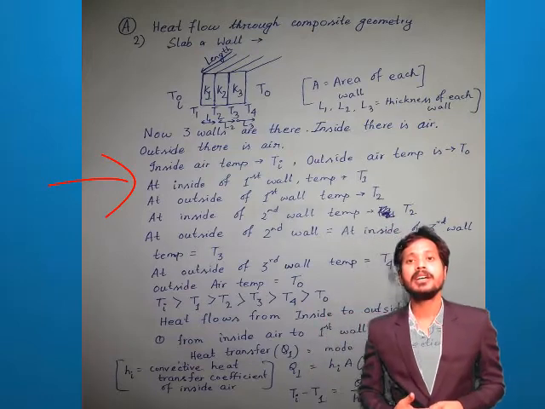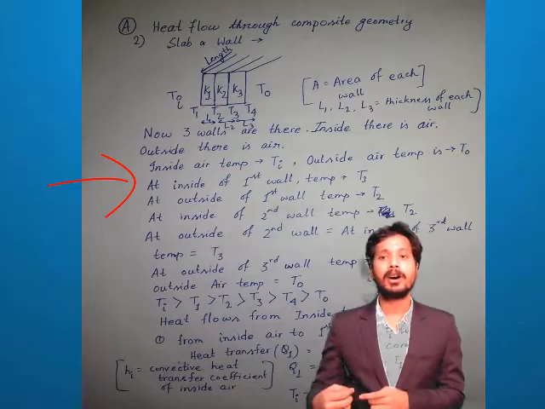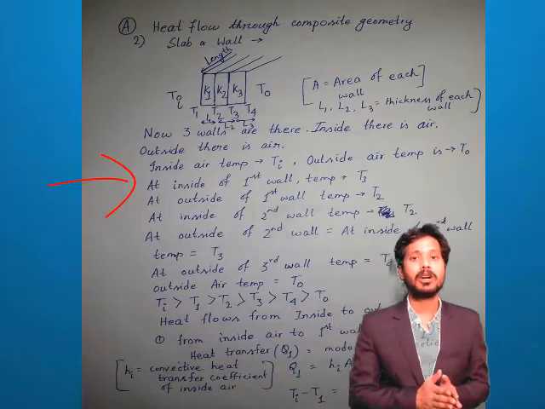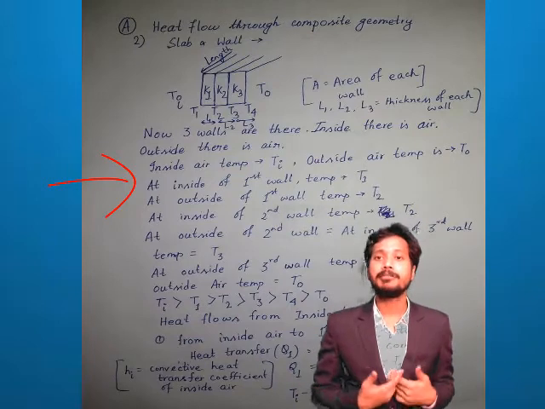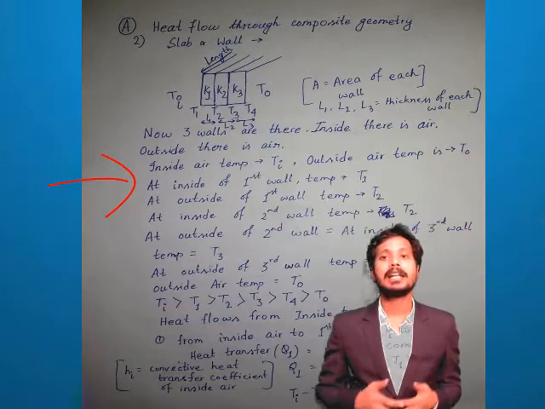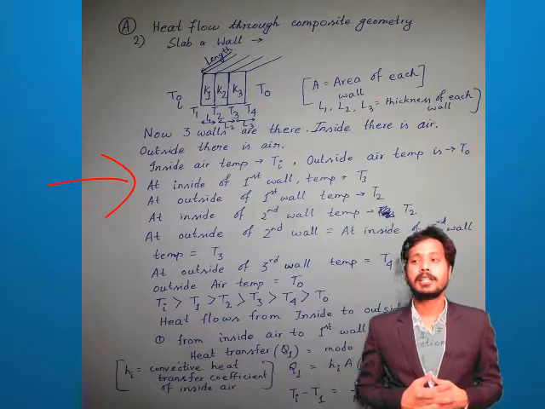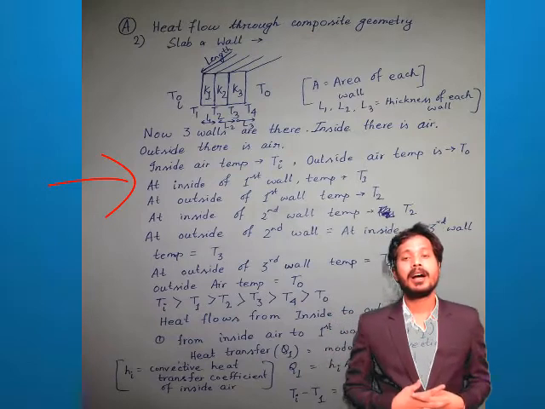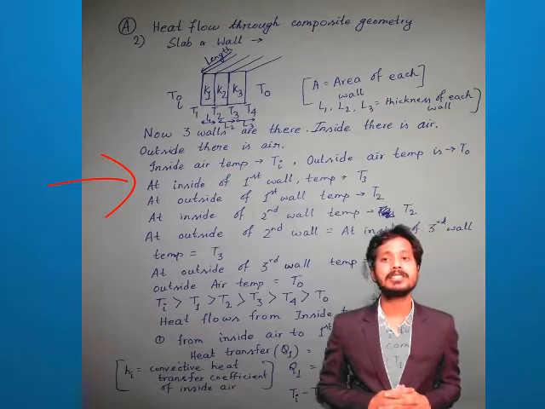In the same way, at the outside of the second wall and the inside of the third wall, that is the interface, the temperature will be the same, and the value is T3. And at the outside of the third wall, the temperature is T4, and at the ambient the temperature is T0.